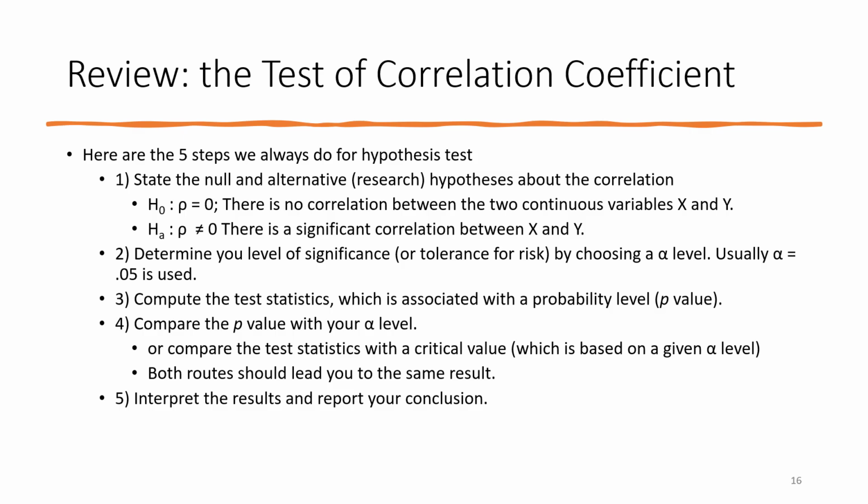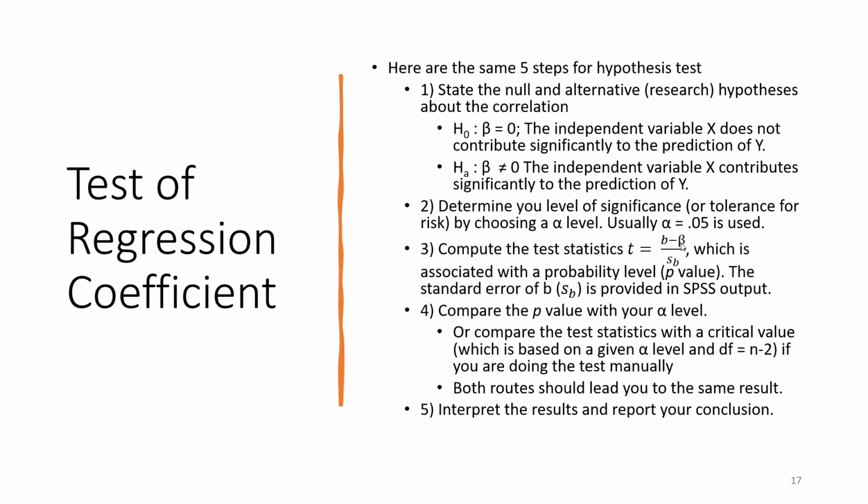We previously demonstrated how to test the correlation coefficient rho equals 0. In regression, we also test the significance of the regression coefficient. The test information is provided in the SPSS output. We follow the same 5 steps to interpret the values and report the results from the SPSS output.